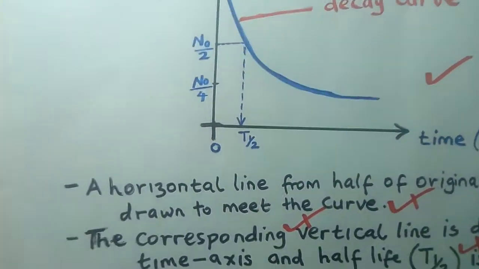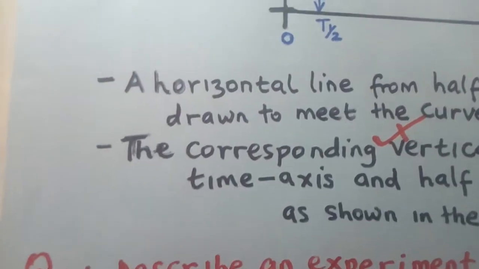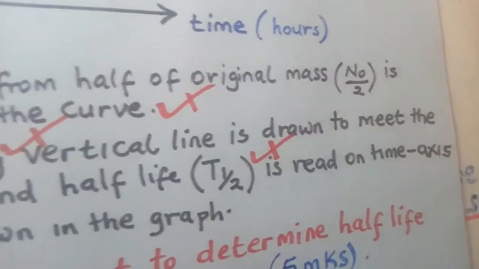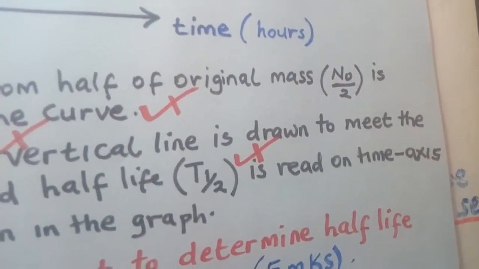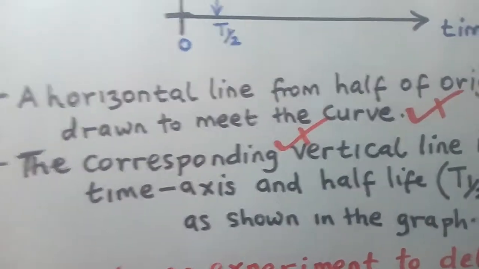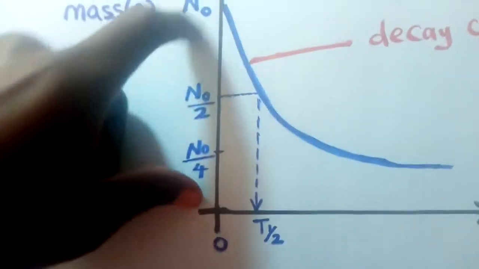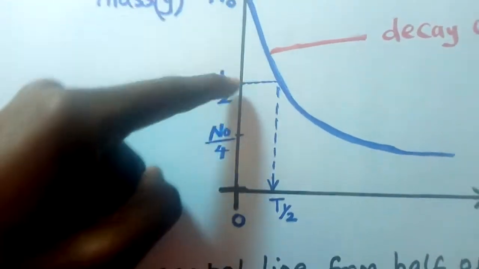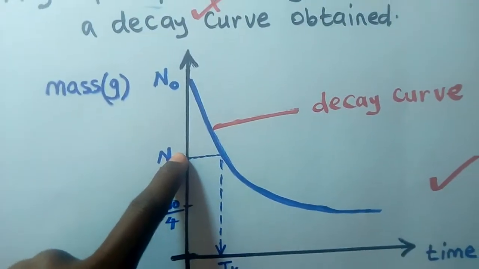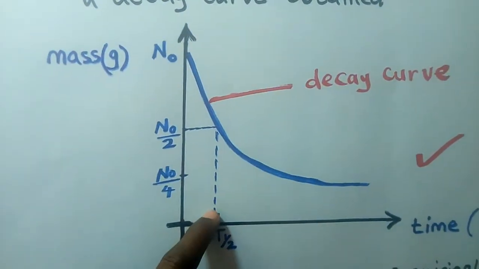So after plotting the graph, we can put in words what I've just explained. You draw a horizontal line from half of the original mass, that is N0 over 2, to meet the curve. After you have got a half of this, from here up to here, a half is around here. You draw a horizontal line, this one. Then after the horizontal line, you draw a vertical line.